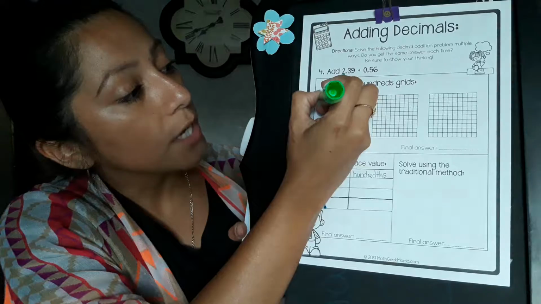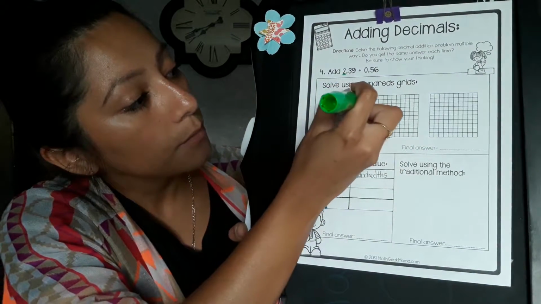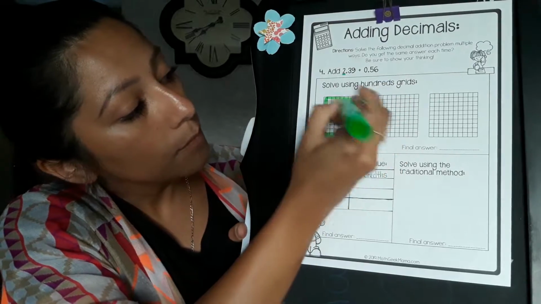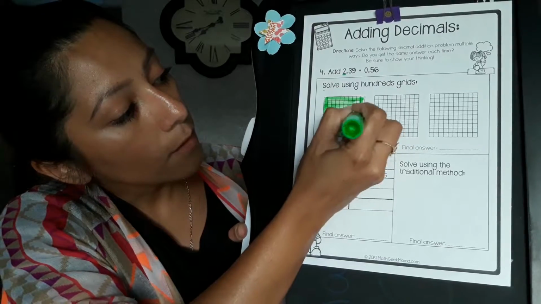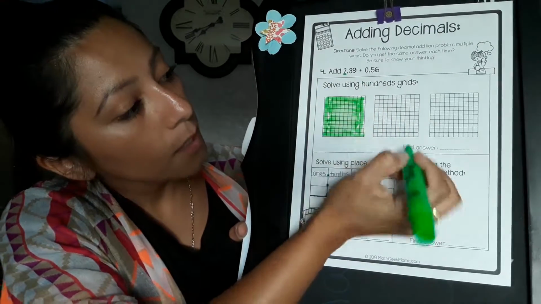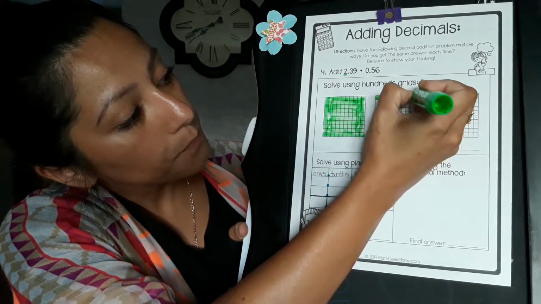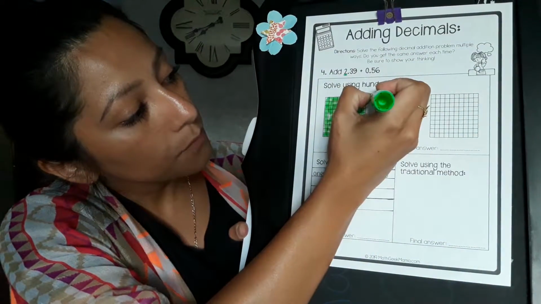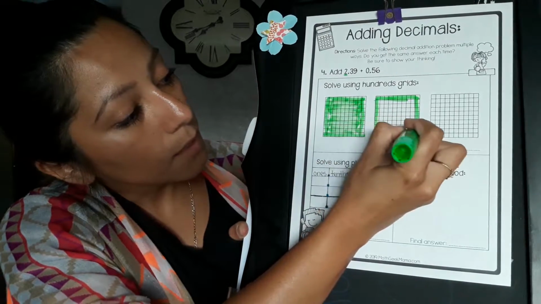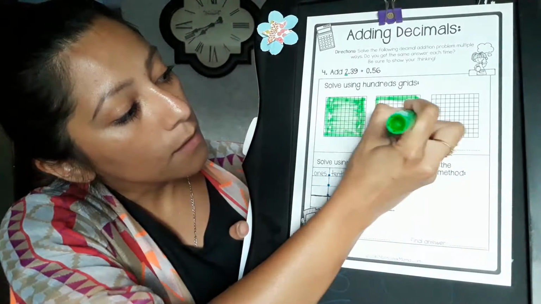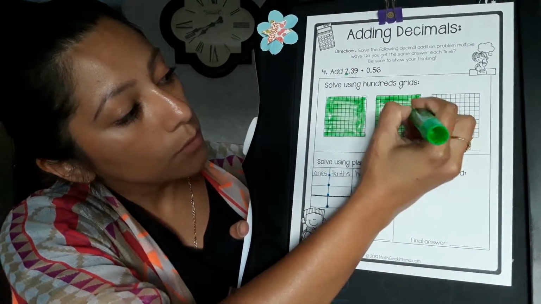So I'm going to shade in our first 100 grid. And this is going to be a whole there. And we're going to need to shade in our next one. And this is our whole.